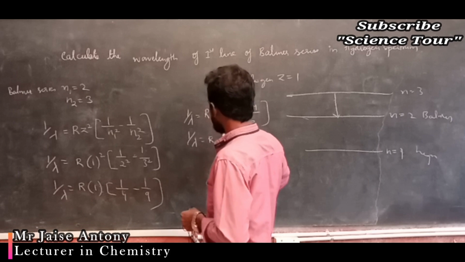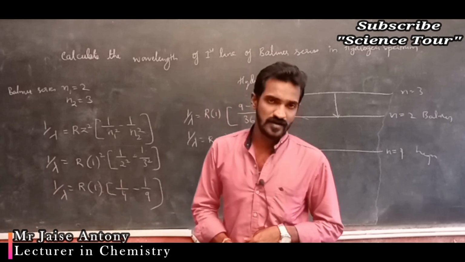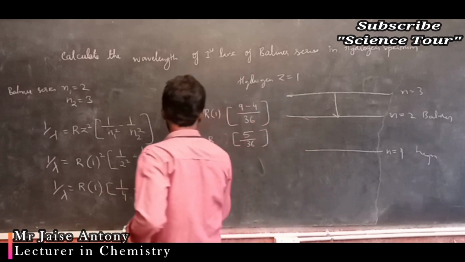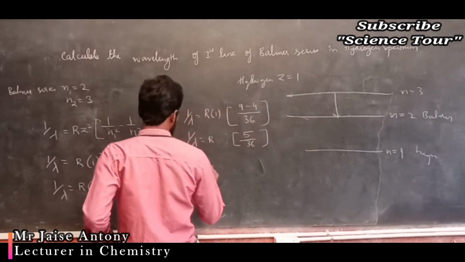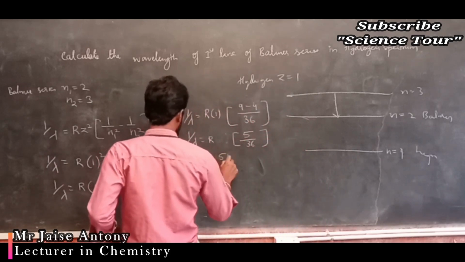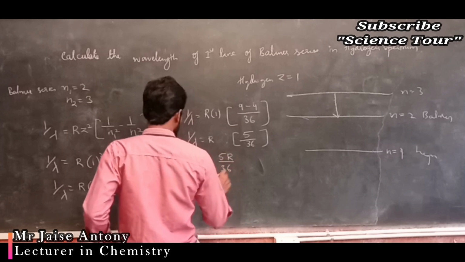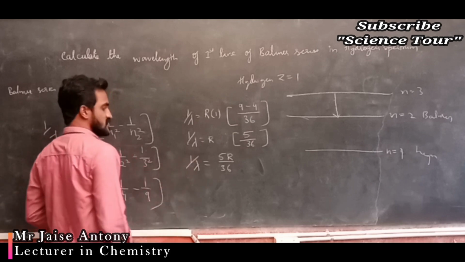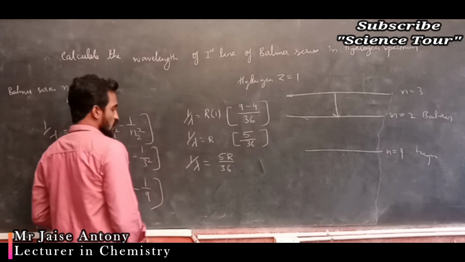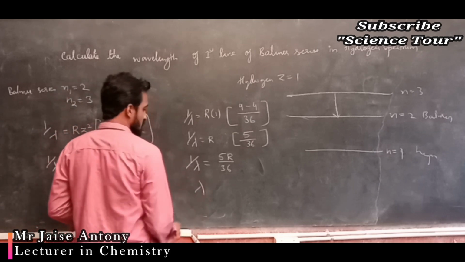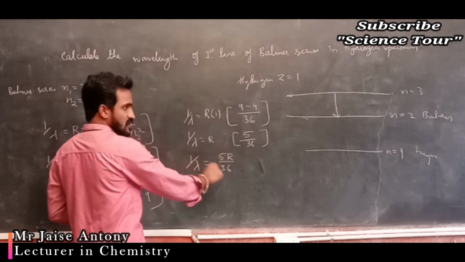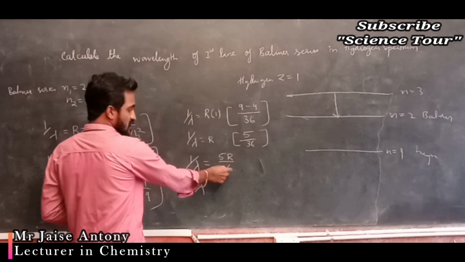No need to write this 1, because R into 1 is R. Here 1 by lambda is actually 5R by 36. This is actually an inverse. 1 by lambda means inverse, correct? So if I write lambda, you have to take the reciprocal of this.